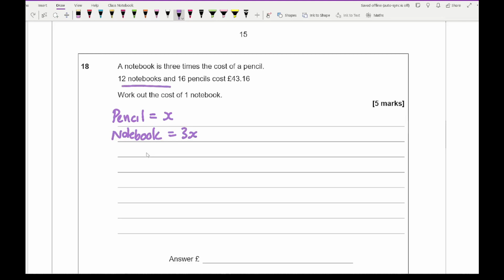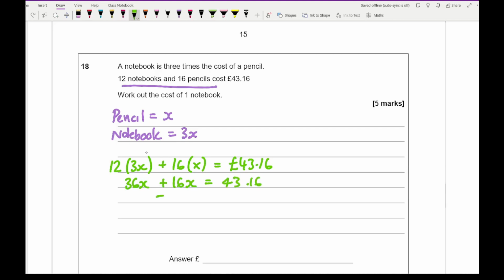Then using this information here, I know that 12 notebooks, so 12 lots of 3x, plus 16 lots of x, comes to a total of £43.16. So if I add up all of those x's, I get 36x plus 16x equals 4316.